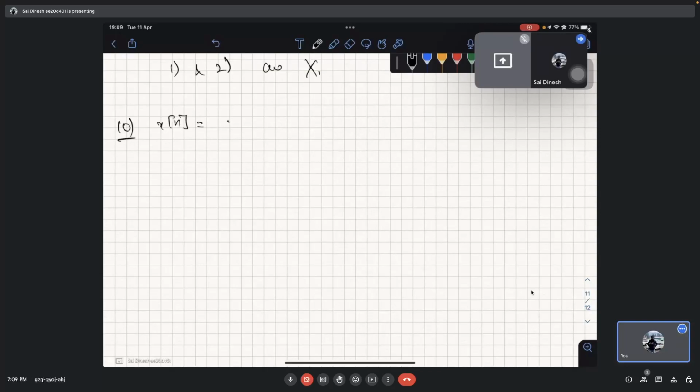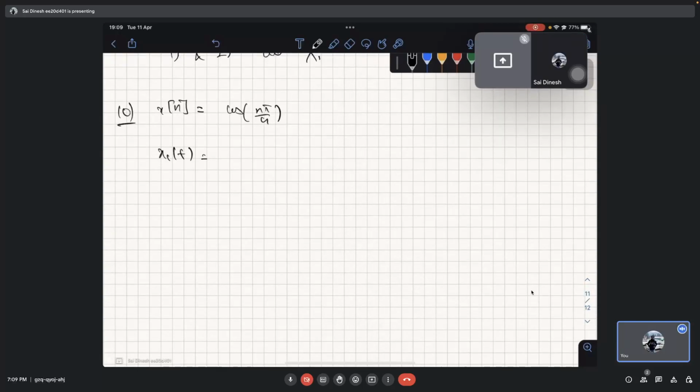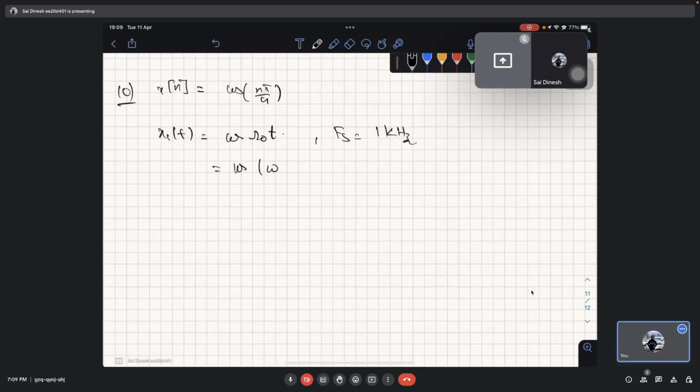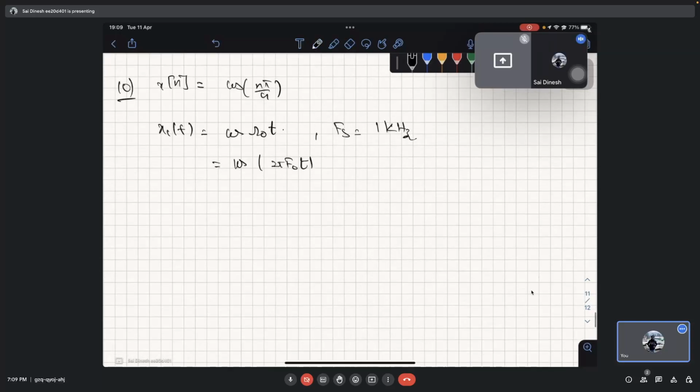X of n is cos n pi by 4, where x of t is cos omega naught t and fs is 1 kilohertz, which is cos 2 pi f naught t. Xc of nT is equal to x of n, which is cos 2 pi f naught by fs times n, and this is equal to pi by 4 n.